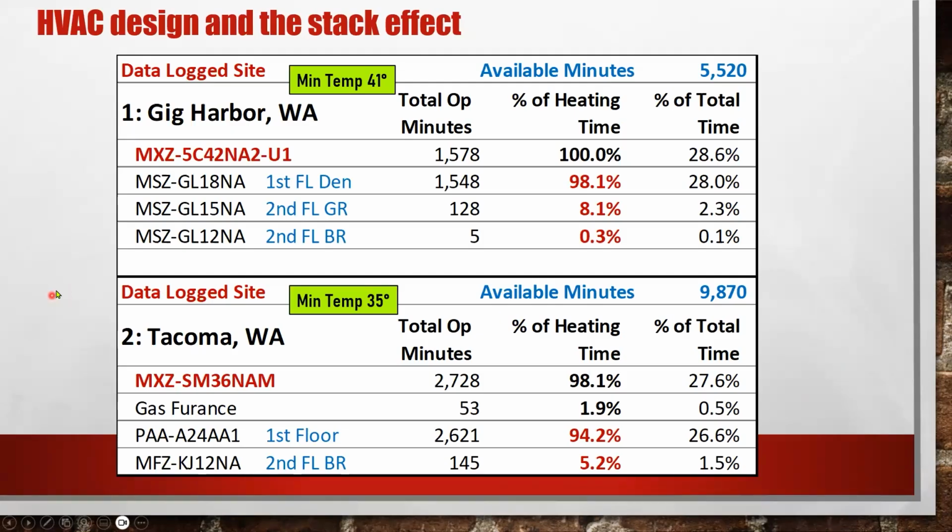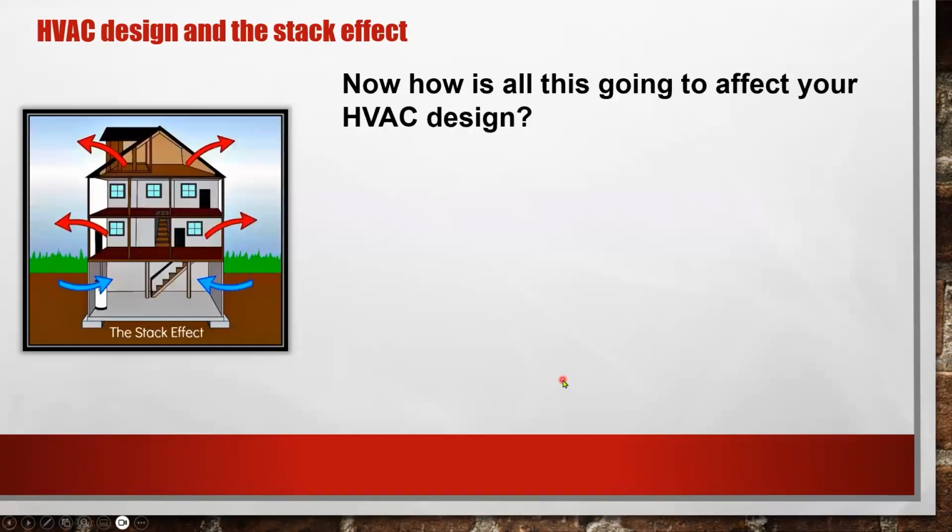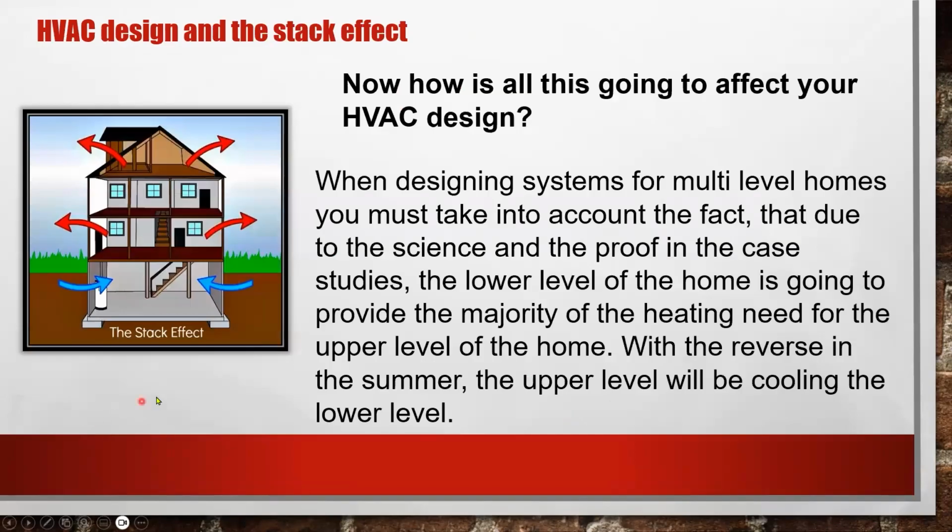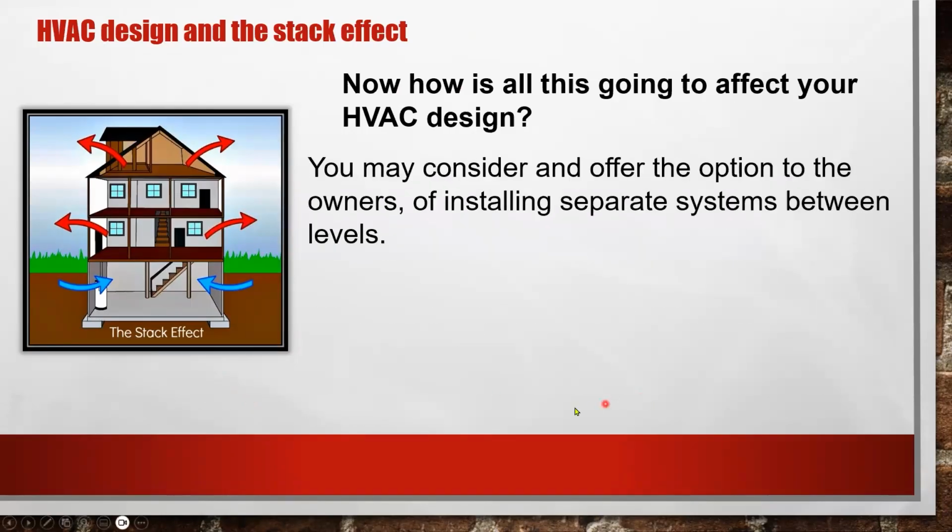So how can we combat the stack effect and give homeowners a little more comfort? We have to understand that most of the heat upstairs is going to come from downstairs, or the heating need is going to be satisfied by the heat coming from downstairs. We can't stop the stack effect without hermetically sealing off the floors between the two levels.